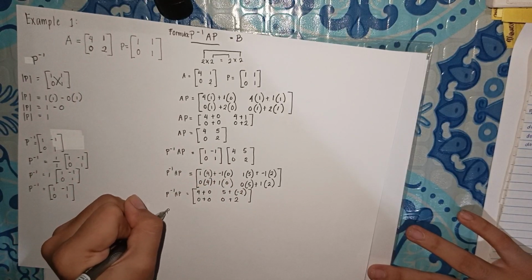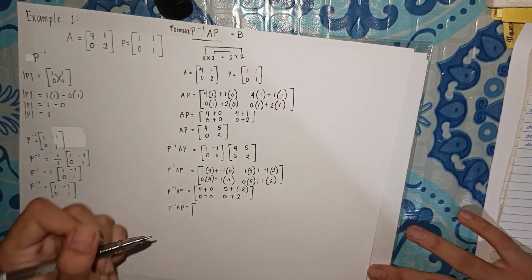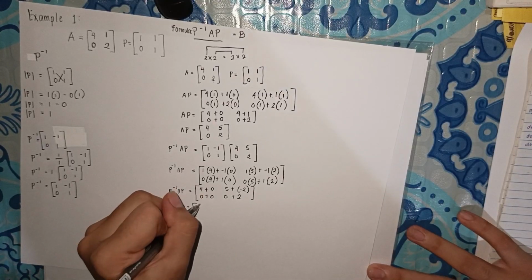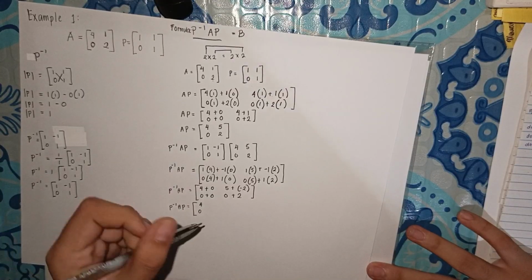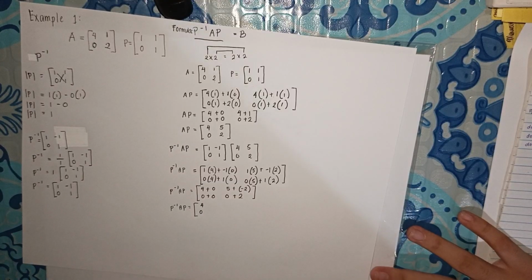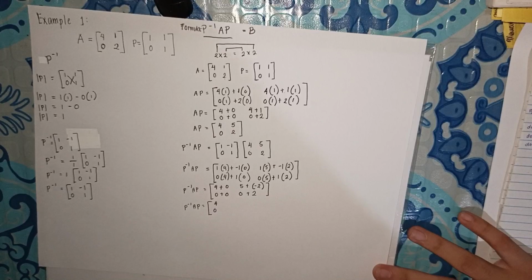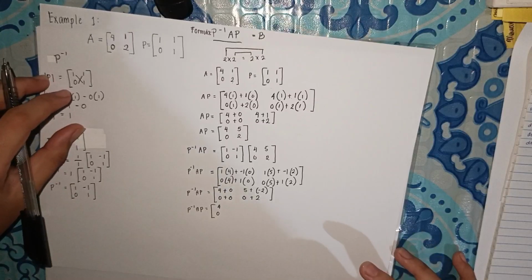Then let's add. 4 plus 0 is 4. Then 0 plus 0, 0. 5 plus negative 2, so we will subtract because their signs are not the same.